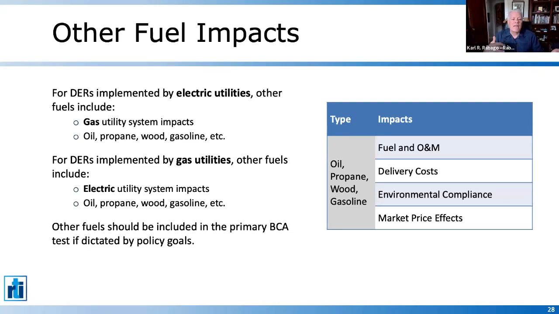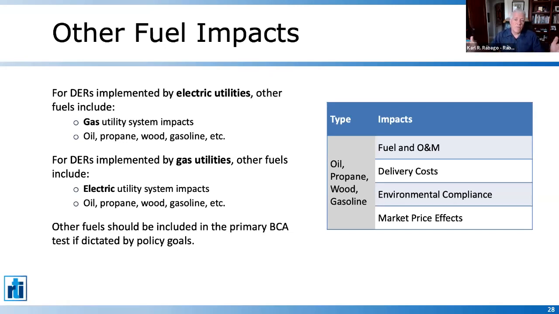And we ask, how does this affect that? So switching to an electric heat pump water heater, if there's a utility program to switch you, there will be a reduction in your use of gas if you're currently getting your hot water from gas, which will have an impact on the environmental emissions, and it could impact markets and prices for that fuel, as well as delivery costs for that gas system as well.